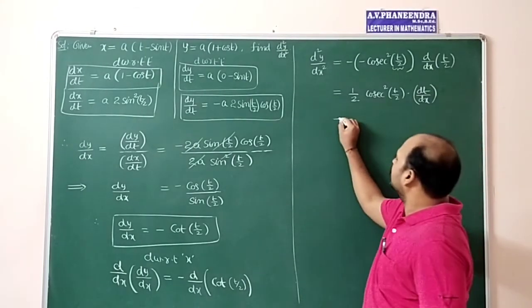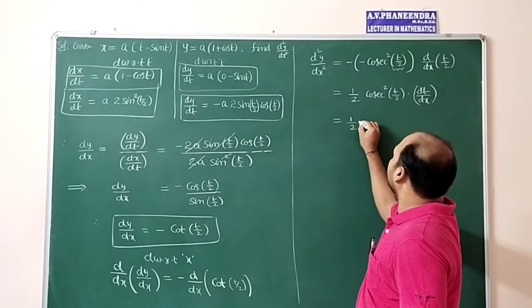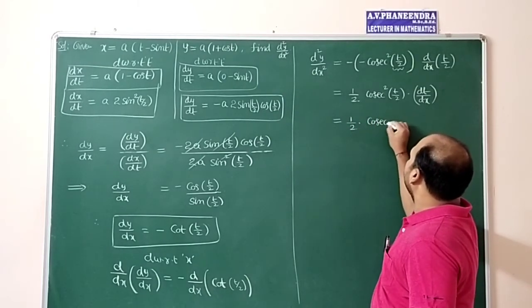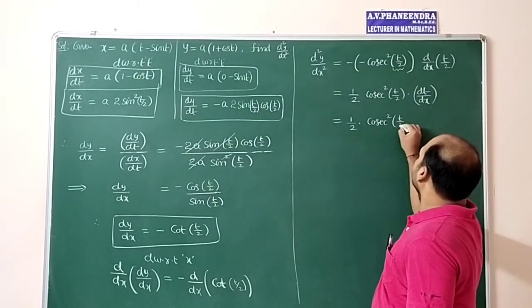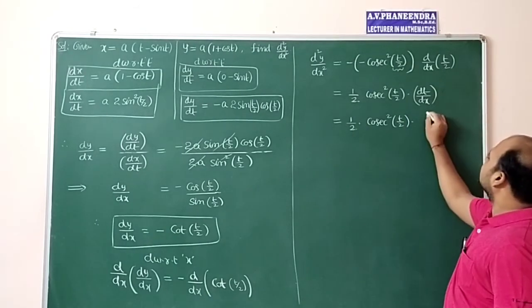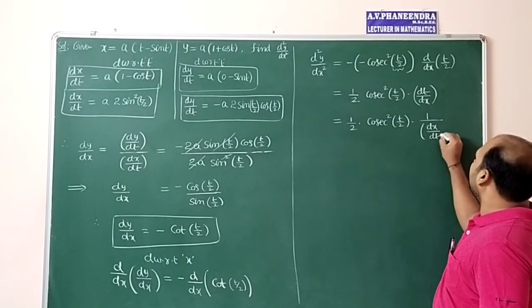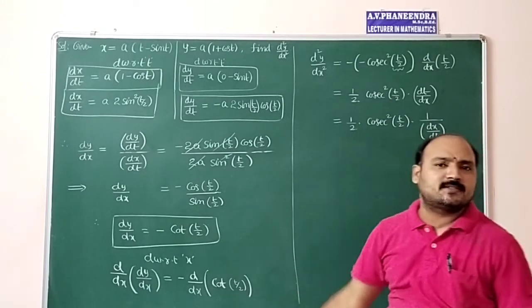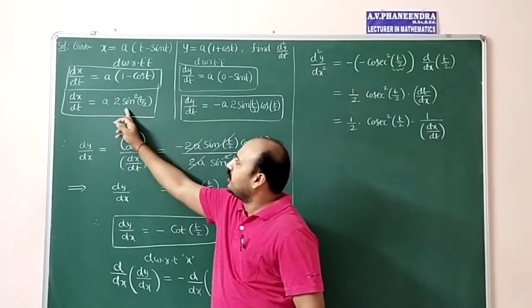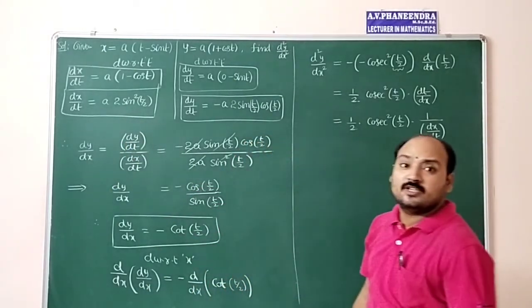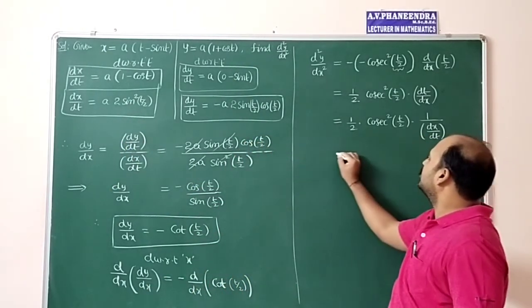Which is equal to 1 by 2 into cosecant square t by 2 times dt by dx. dt by dx can be expressed as 1 by dx by dt, the reciprocal of dx by dt. The dx by dt we got here is 2a into sine square t by 2, and that we have to substitute.